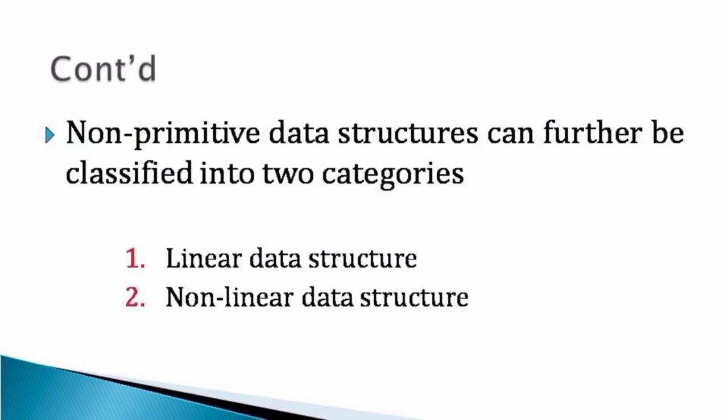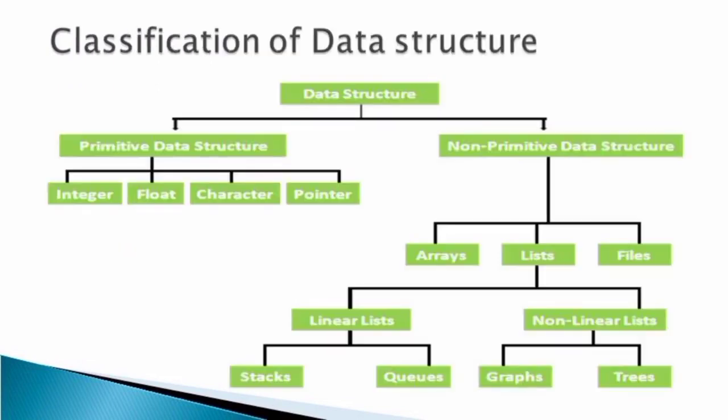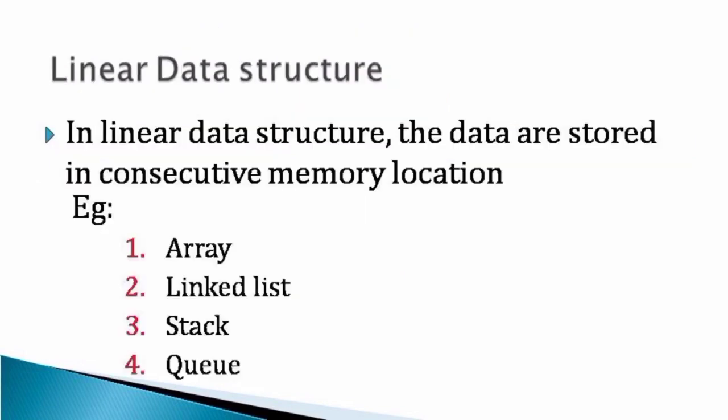Non-primitive data structure can be further classified into linear and non-linear data structures. This chart clearly shows how data structure can be classified. Data structures where the elements are stored in sequential or consecutive memory locations are known as linear data structures. Some examples of linear data structure are arrays, linked list, stack and queue.